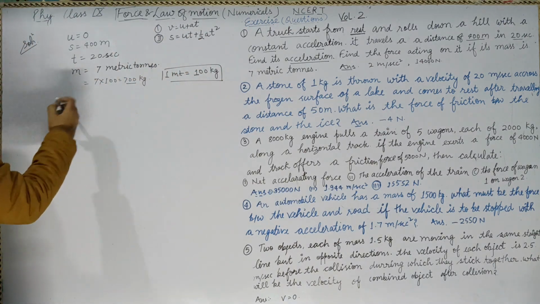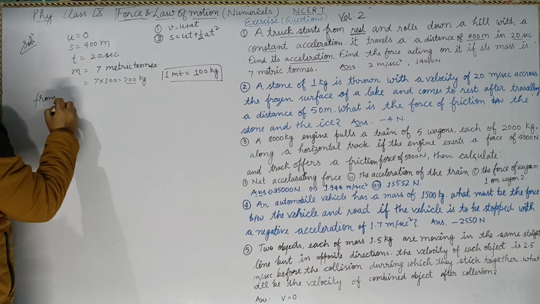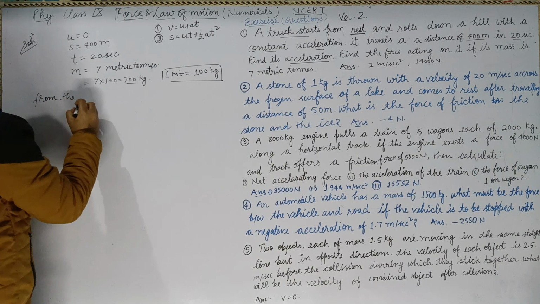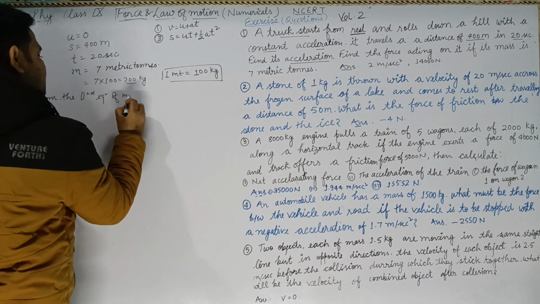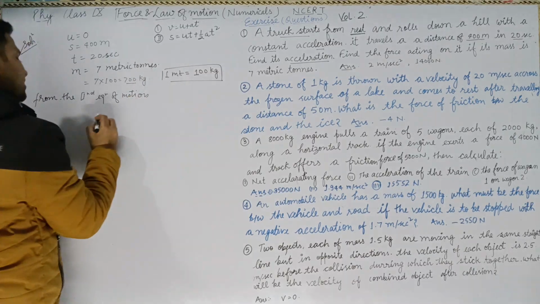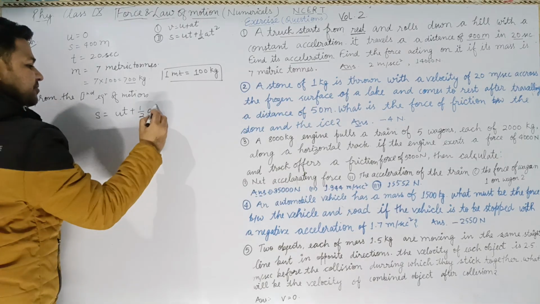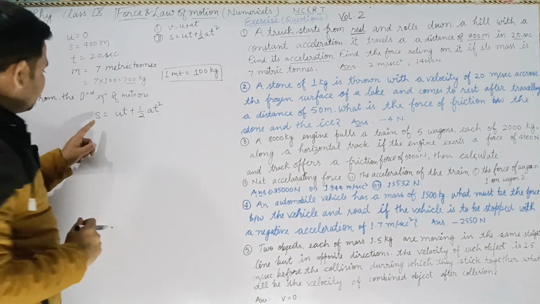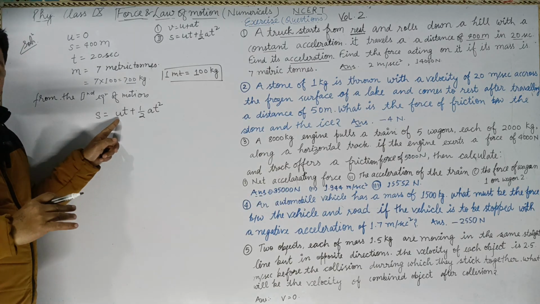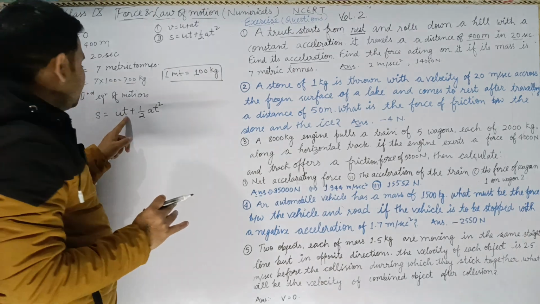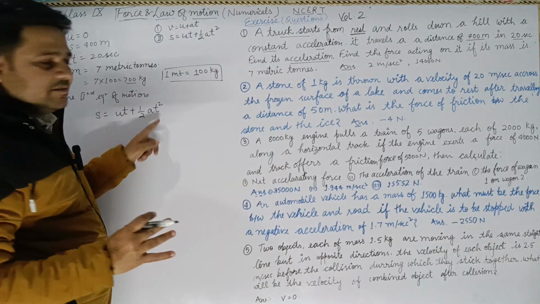So we use this equation, the second equation of motion, s equal to ut plus half at square. Here s is the distance covered by the body, u is the initial velocity of the body, t is time, and a is acceleration.